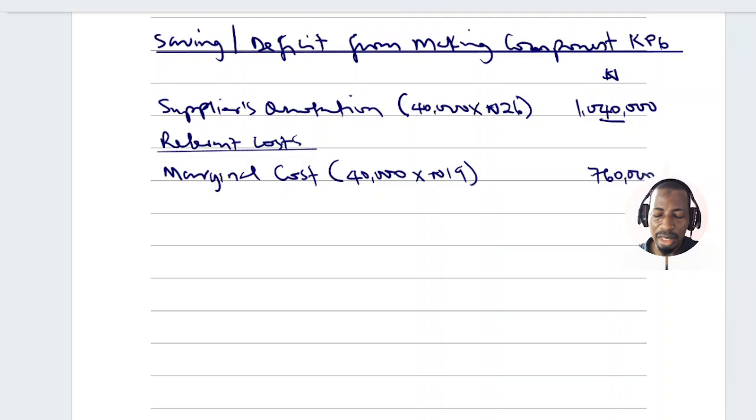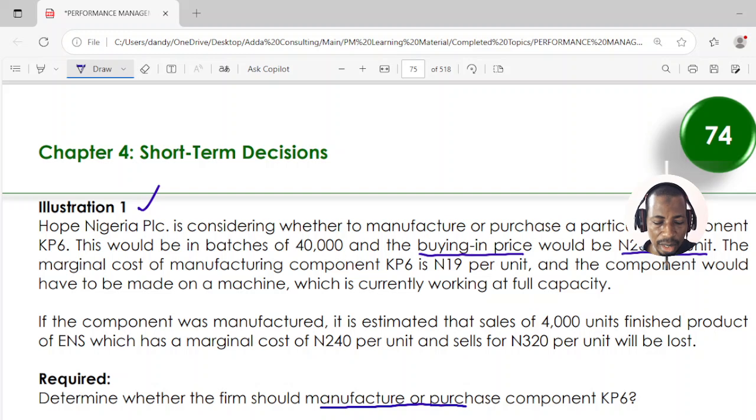Here is 760,000. Again, there's an additional cost that will be incurred as far as the question is concerned. Examiner told you further, in the last paragraph, that if the component was manufactured, it is estimated that sales of 4,000 units of finished product ends, which has a marginal cost of 240 naira per unit and sells for 320 naira per unit, will be lost.